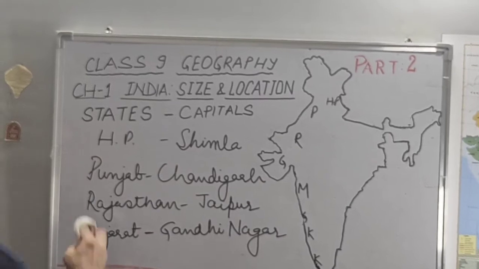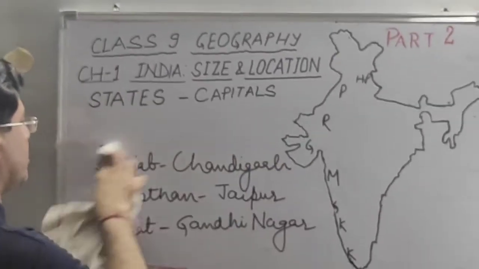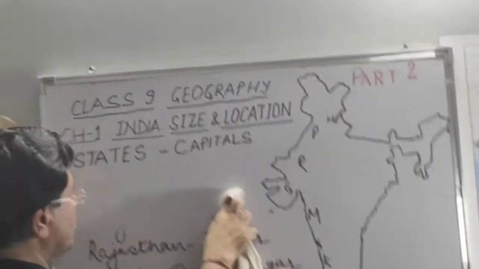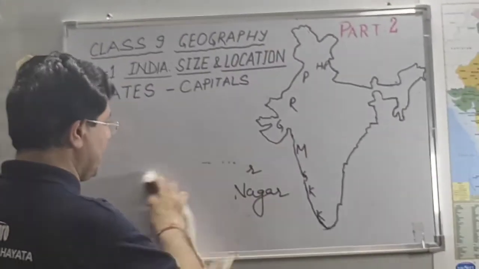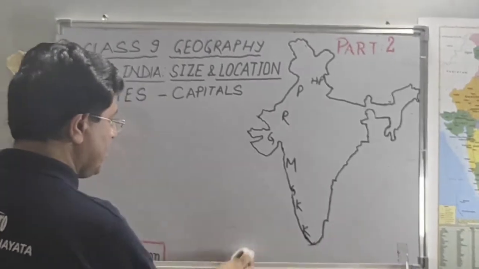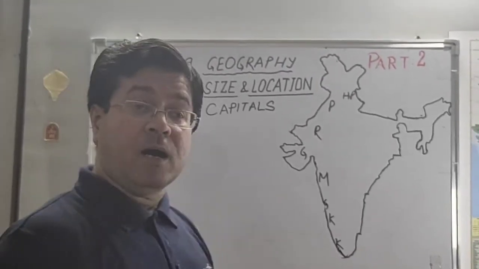We'll try to remember their locations, their names and their capital cities. So Maharashtra, what is the capital of Maharashtra? Can you name it? Very, very famous city of India, film city of India, Mumbai. It is named after goddess Mumba.